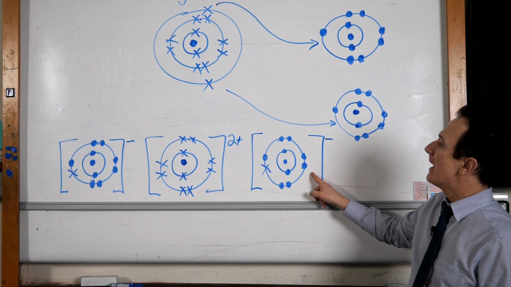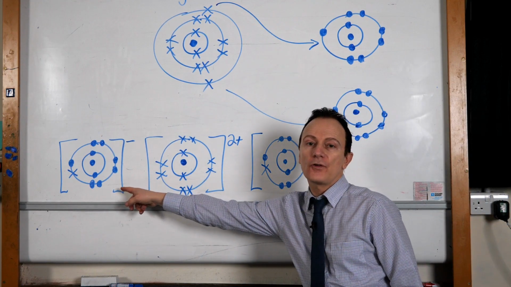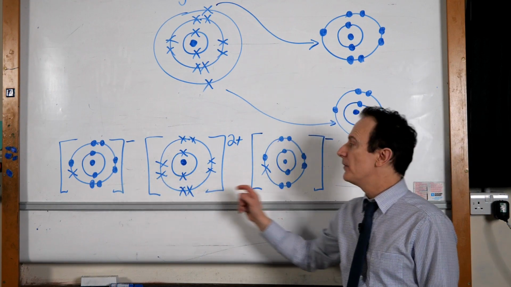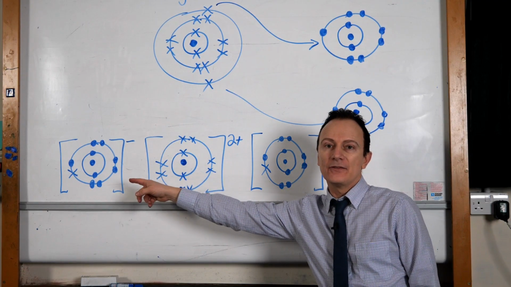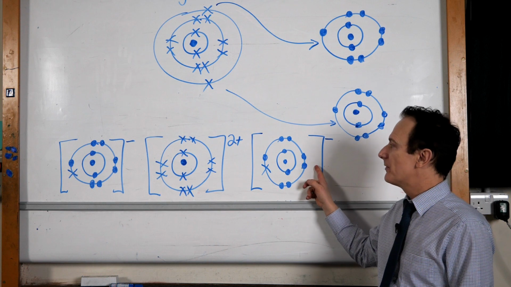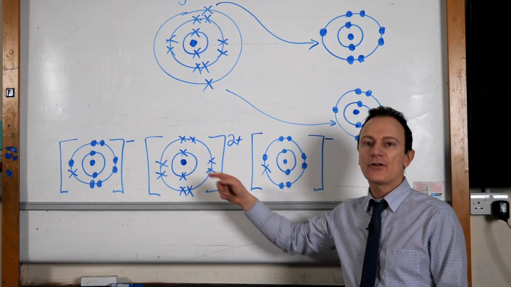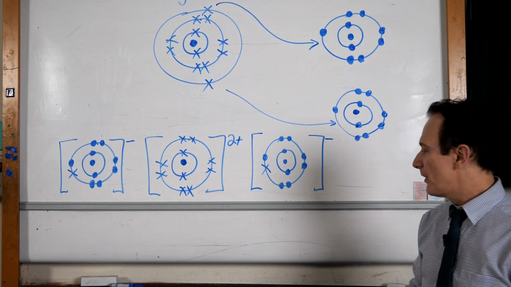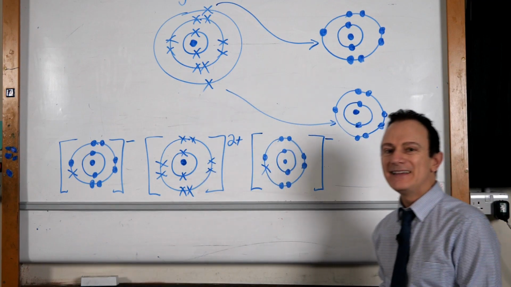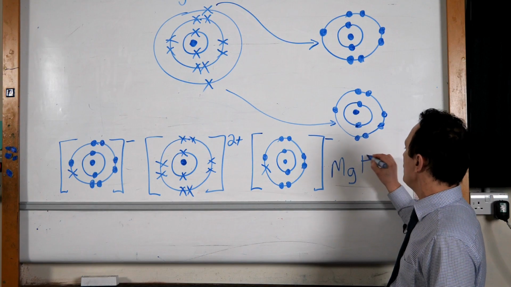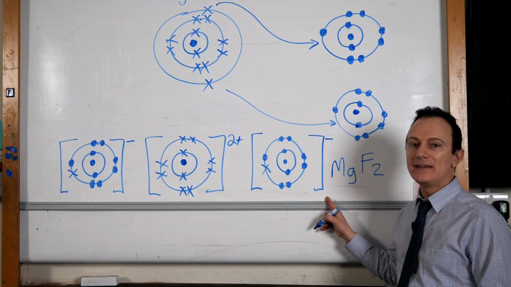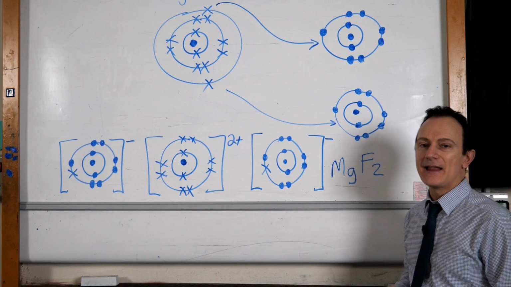Each of the fluorine atoms have turned into a fluoride ion. Each one of those is a 1 minus ion. But we've got 2 fluoride ions because remember, each one of those has accepted an electron from magnesium. So the formula for magnesium fluoride would be MgF2, which shows that for every magnesium we need 2 fluorine atoms.